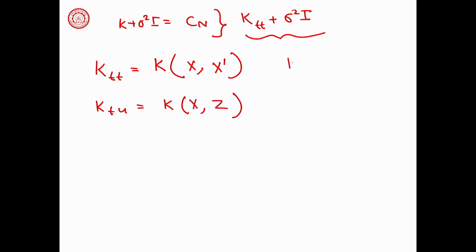KUU is equal to K z comma z. Clear? I wrote it specifically because you should not get confused with u. There is no u in the covariance calculation. It is only the input. We are writing it because the distribution is over u, but you calculate it as a function of only z.